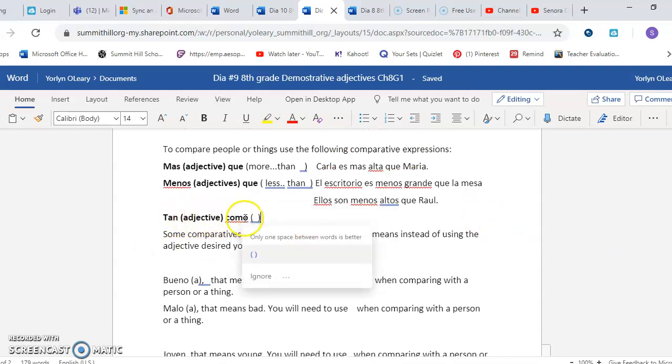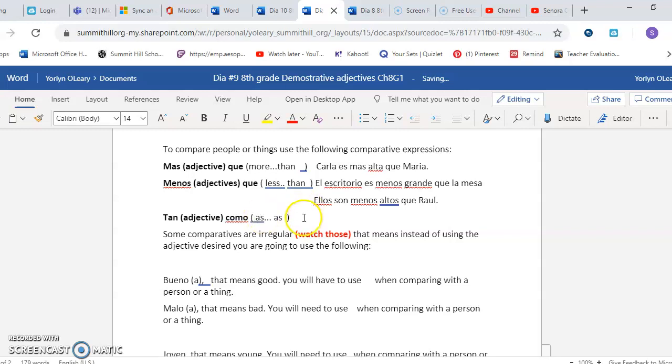The next one is tan como. Tan como means as, as. An example of this, I could say, yo soy tan alta, because I'm a girl, tan alta como, let's see, who am I?